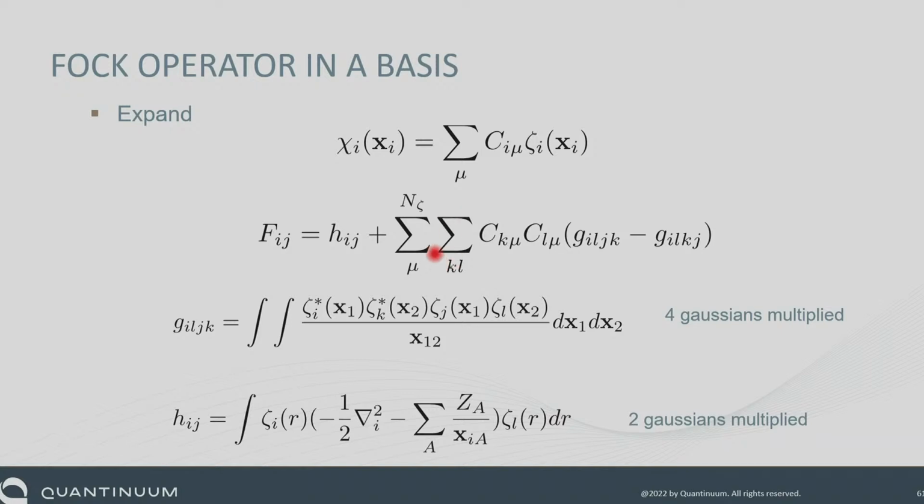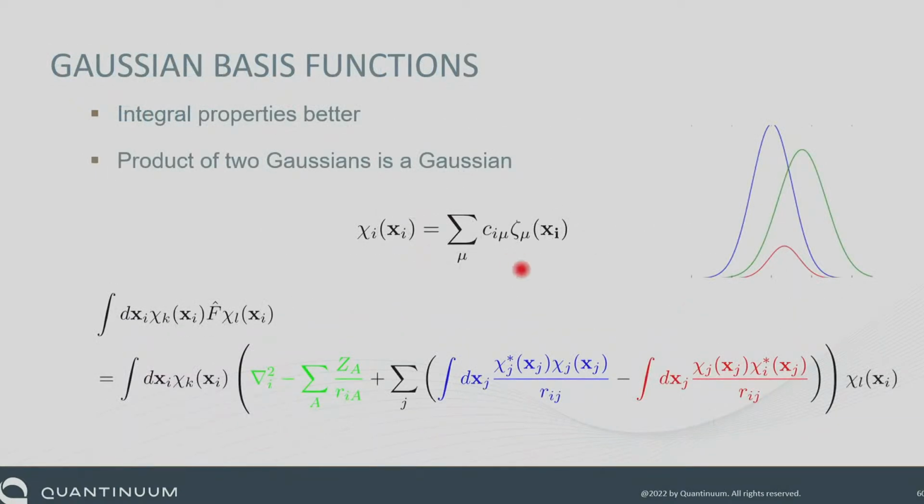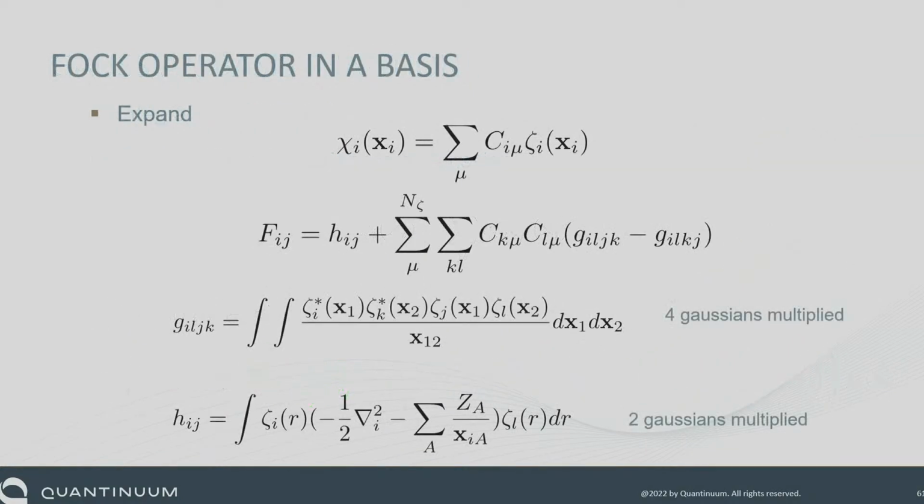Okay, so the Fock operator just got a lot more complicated, and you can see that because we have orbitals inside the operator. The Fock operator then has these C parameters inside of it.